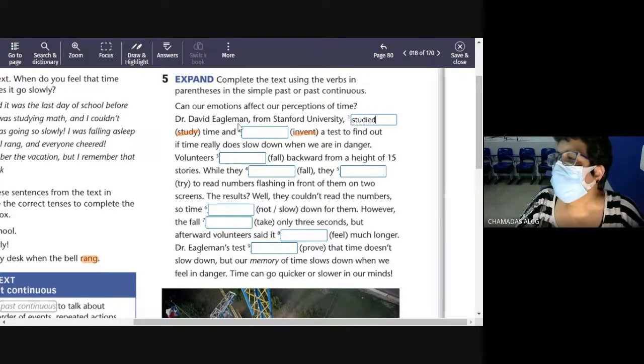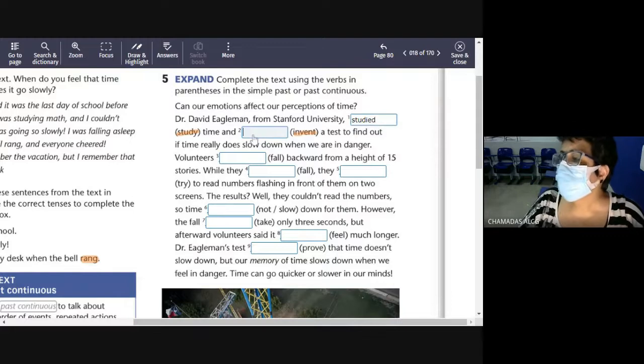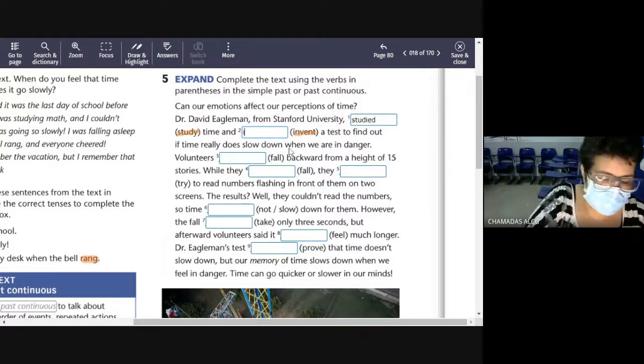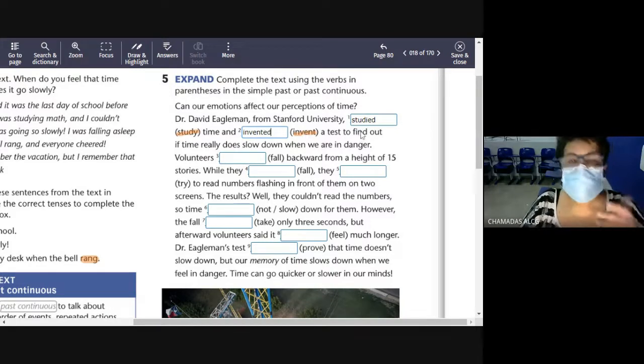So David Eagleman, Dr. David Eagleman from Stanford, studied time and invented a test. Very good. to find out if time really does slow down when we are in danger.